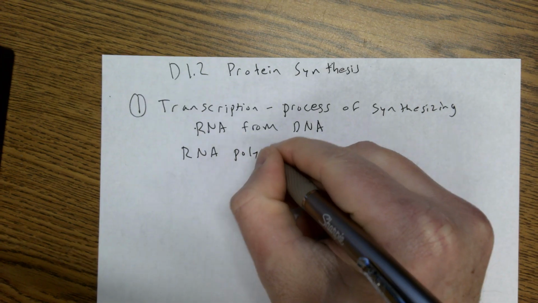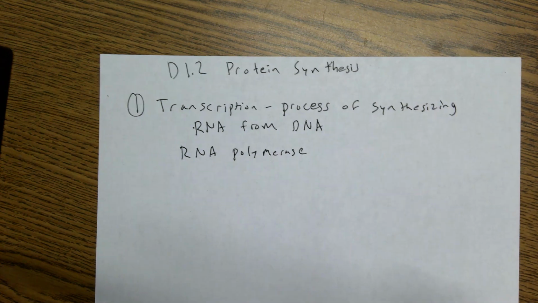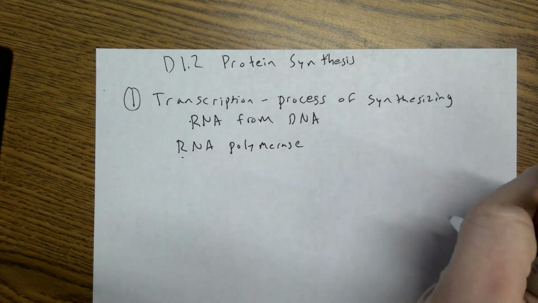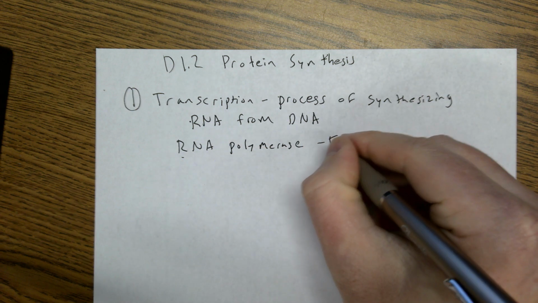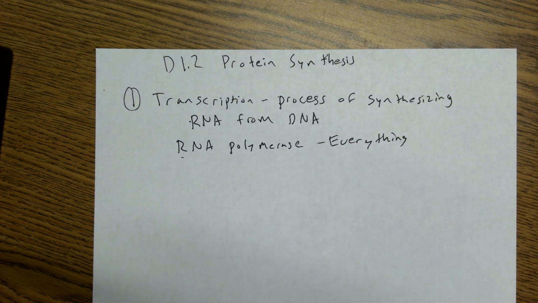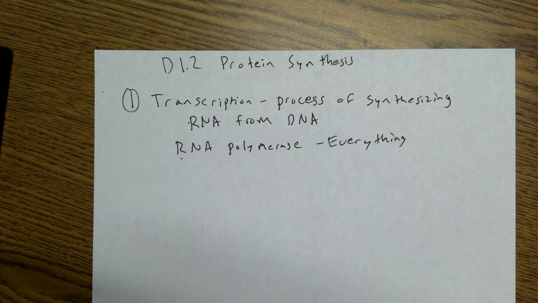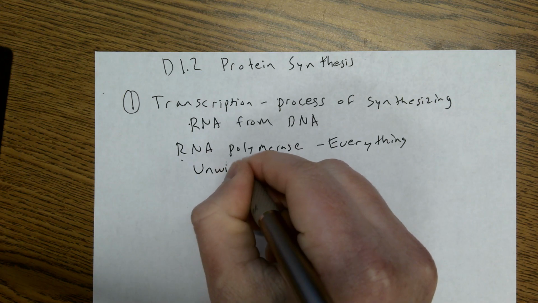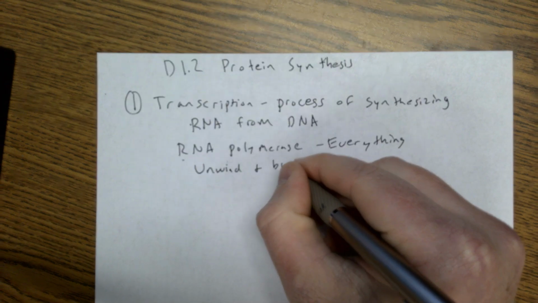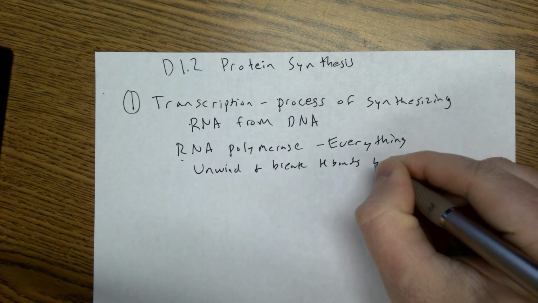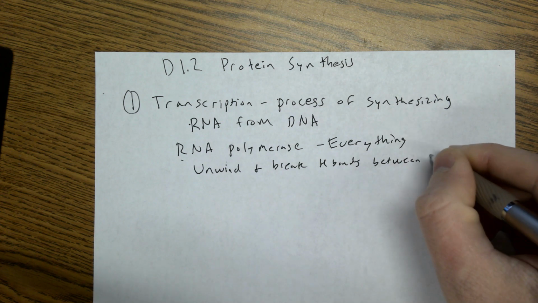So in the previous DNA replication section, we learned that DNA polymerase makes it. Now we have RNA polymerase. And so this one is interesting because RNA polymerase does everything. It can do it all solo style. And so what it does is it will unwind and break the hydrogen bonds between the DNA strands. So it separates the DNA strands.